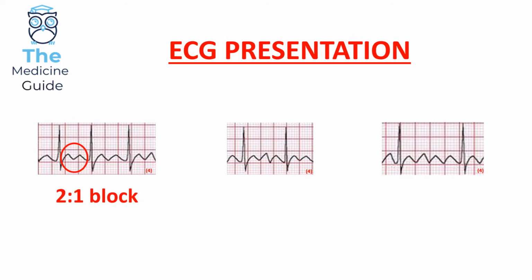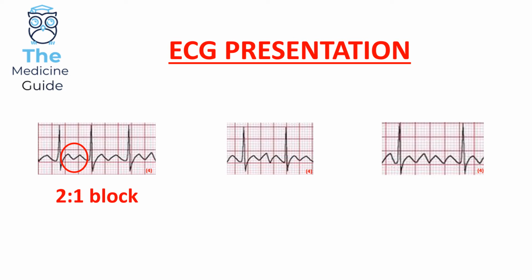So this is an example of atrial flutter with a 2-to-1 block. For every QRS complex, there are 2 flutter waves present, and hopefully you can appreciate that because they've been encircled in this red circle.